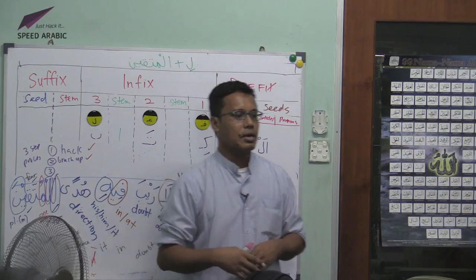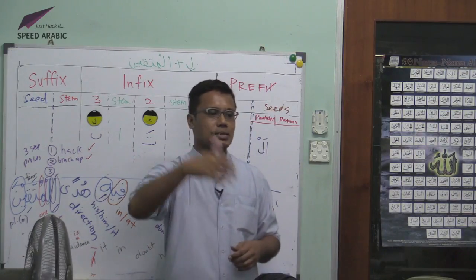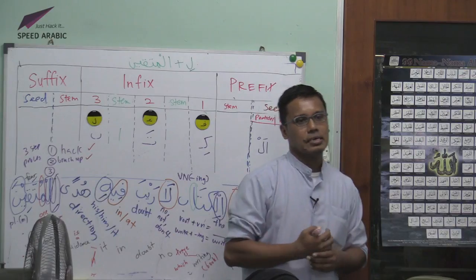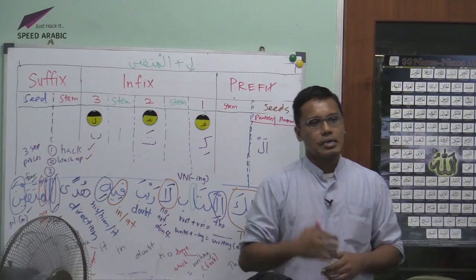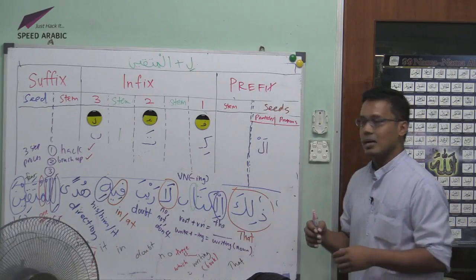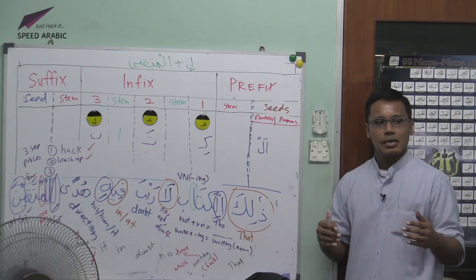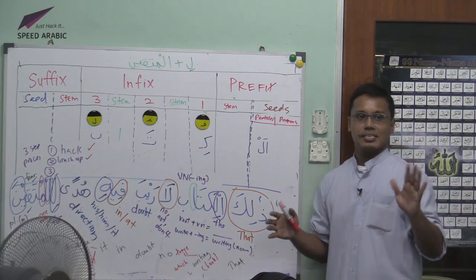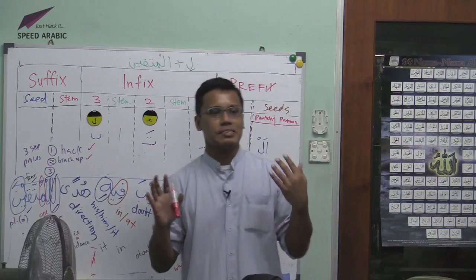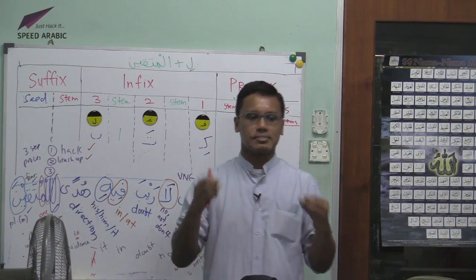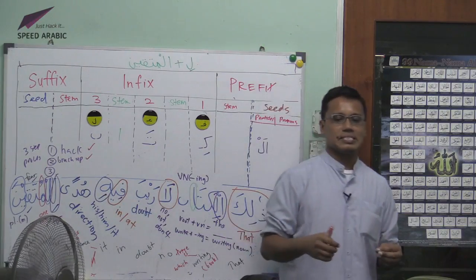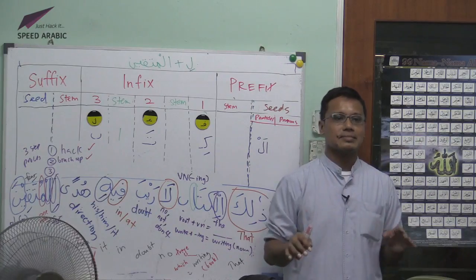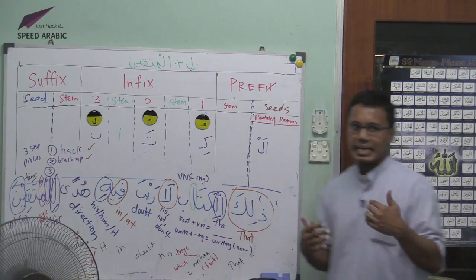Okay, so what does it say? Can someone read? This is the scripture in which there is no doubt, containing guidance for those who are mindful of God. You see? So different translators will give different translations, as long as you stick to the essence within the language guidelines.